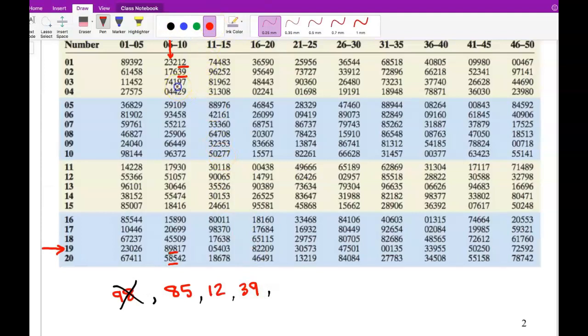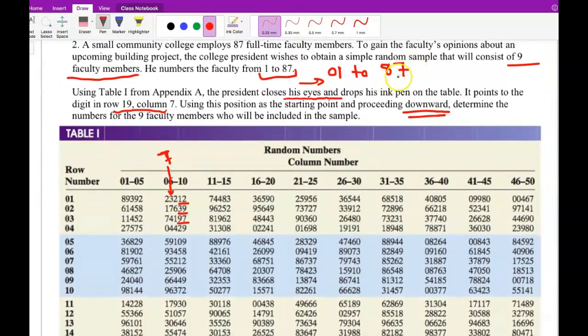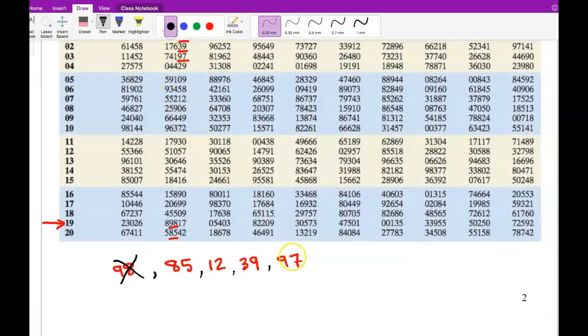After that, 97 is greater than 87, so it is not acceptable. Then 29. Here we have 09, which means I have 9.